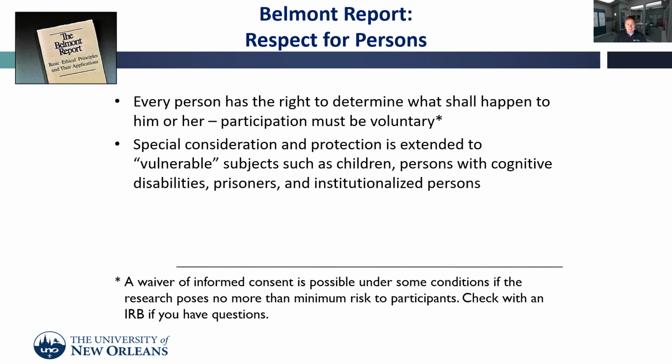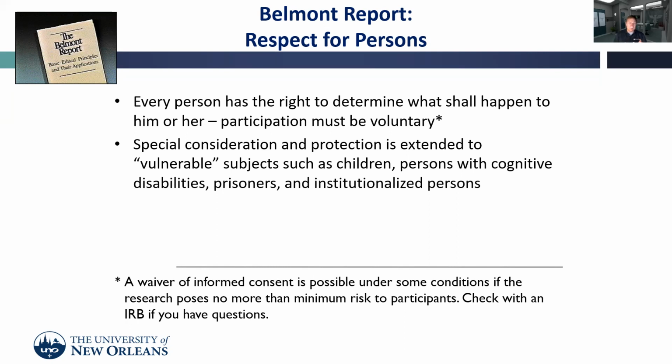And although the slide specifically talks about people with cognitive disabilities, prisoners, and institutionalized persons, I'll show you some examples a little later on of how this has occurred a couple of times in VA hospitals after the Belmont Report, primarily because they had what they felt was a captive audience, and in some cases there were cognitive impairments, and so they didn't consent, and yet research was conducted.